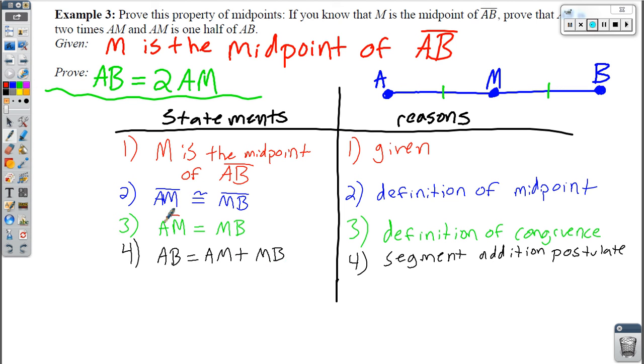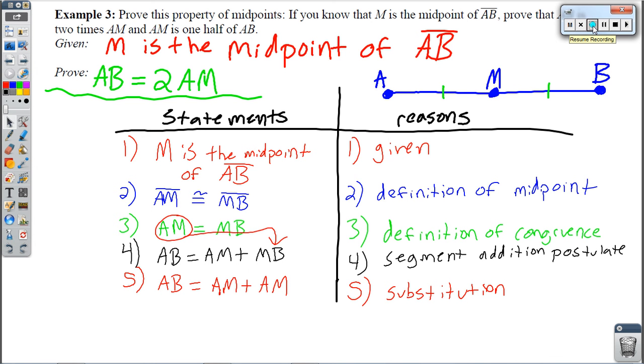Well, MB is really equal to AM, so let's substitute that in, and then we'll get a statement that we can simplify down to what we were trying to prove. There it is, step 5. On the right side of the equation in step 5, you have AM plus AM. If we combine like terms, that's 2AM, and so then we will get the statement that we are trying to prove.